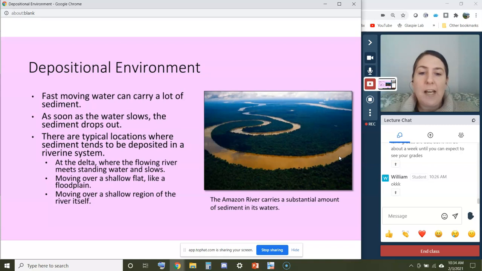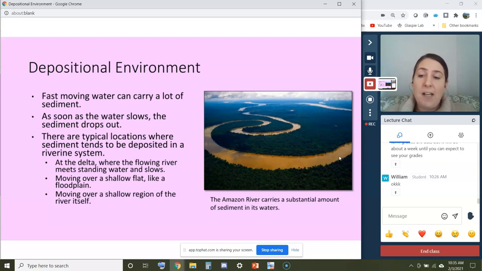There are typical locations in a river or delta system where sediment tends to be deposited. These include the delta itself, where the flowing water meets standing water and slows down, when water starts to move over a shallow flat, like a floodplain, and when river water moves over a shallow region of the river itself.